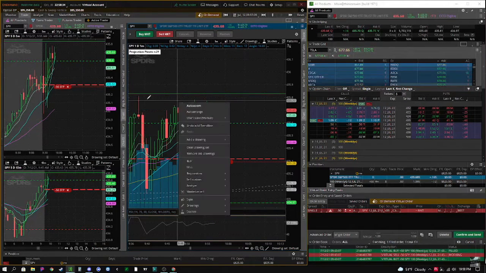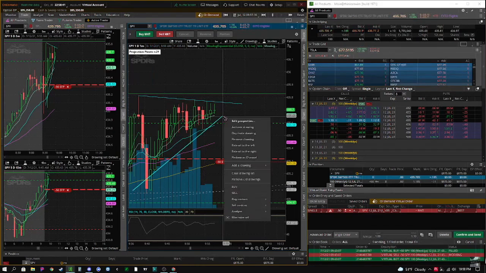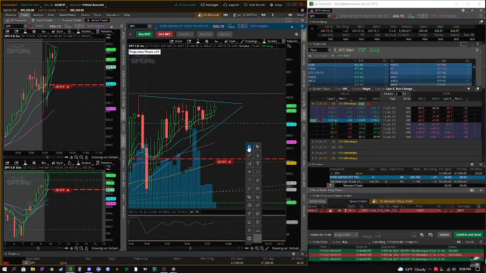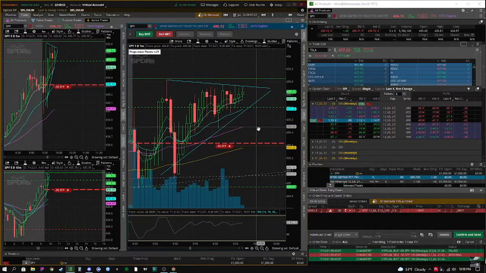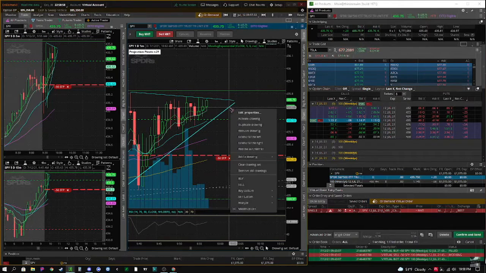If we measure from like here where it got bounced out, we do have some flag action going on. That looks kind of like, or I guess a wedge, but either way, it's coiling up to do something. Let's get rid of this.